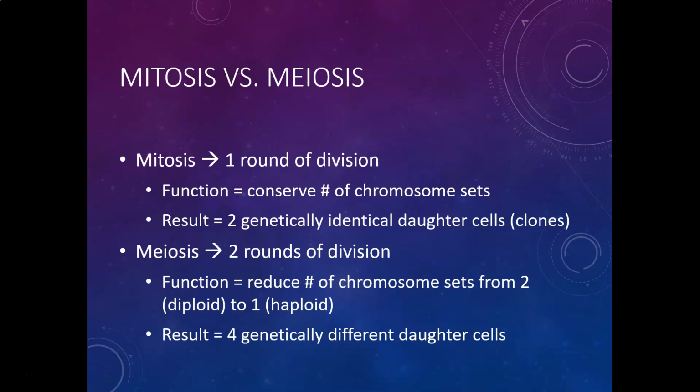So we're going to take a diploid cell, run it through meiosis because the idea here is to take that diploid number, reduce it down to haploid into those gametes, because the whole end goal is to get those gametes to recombine sexually to produce the offspring. It's really about genetic recombination.